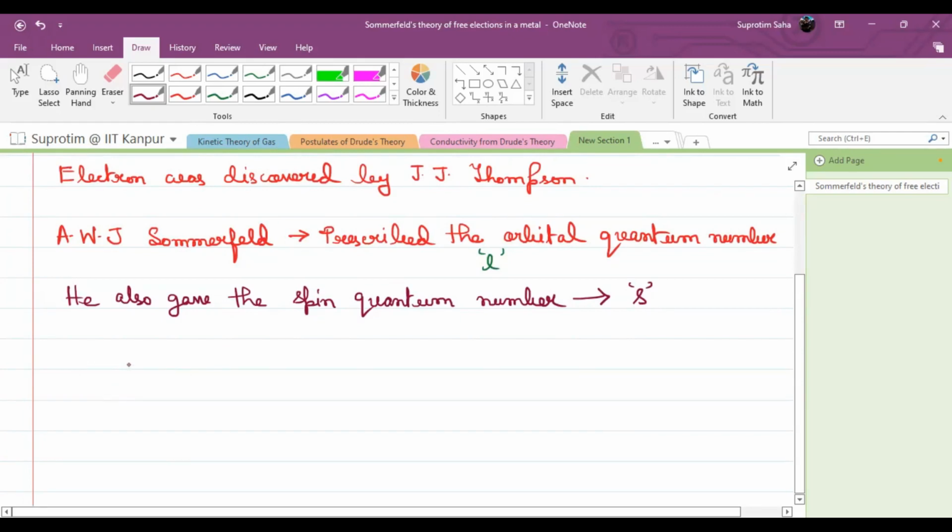We have been learning about Drude's model, and it relied on the Maxwell-Boltzmann distribution of electrons in a solid. So he treated it classically.